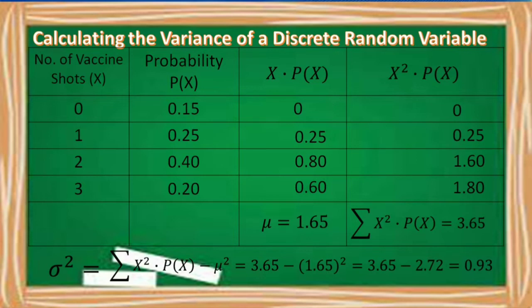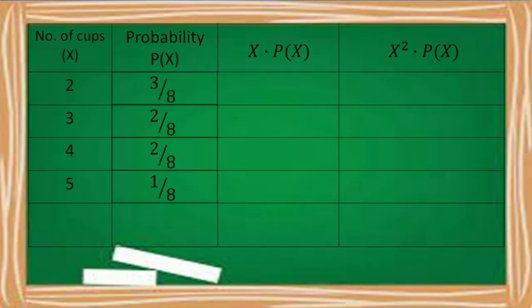Then it is equal to 3.65 minus the square of the mean, which is 2.72. Then 3.65 minus 2.72 is equal to 0.93. Therefore, the variance is equal to 0.93.